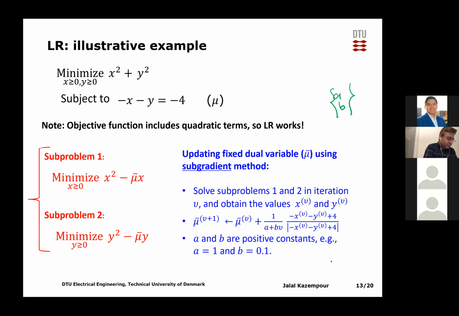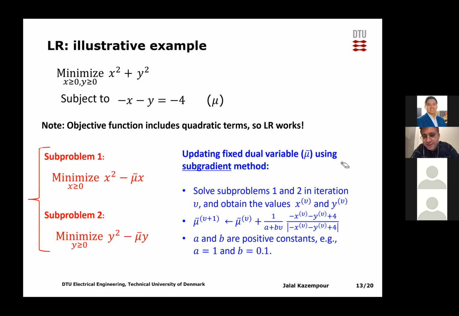Good. What is the stopping criterion, do you think? When do we know that we got convergence? We continue these iterations, but how do we know that we reach convergence?